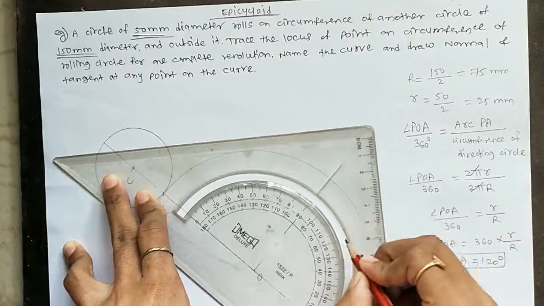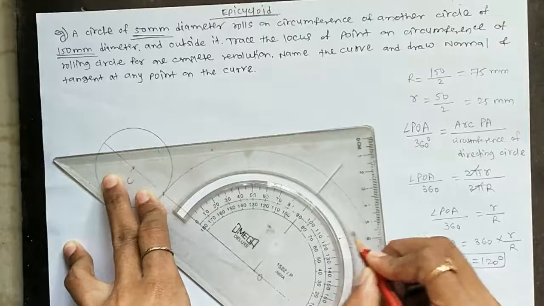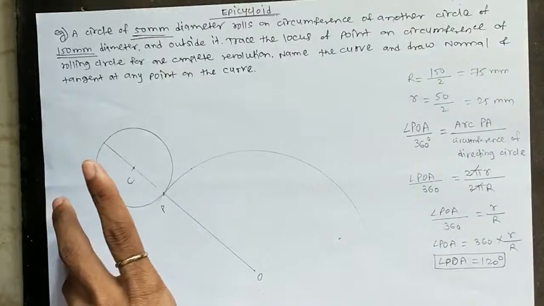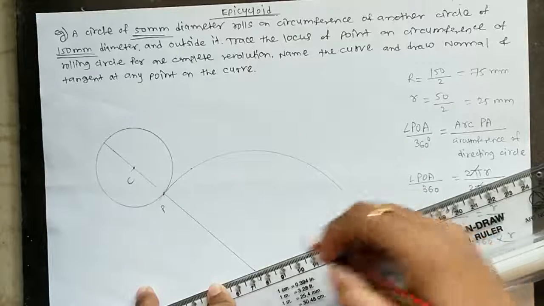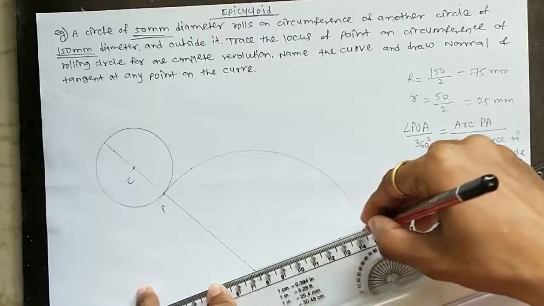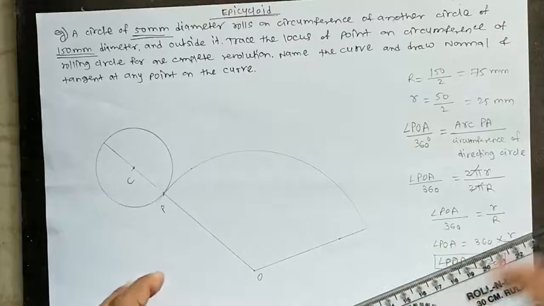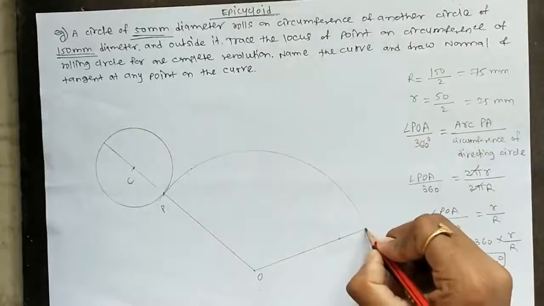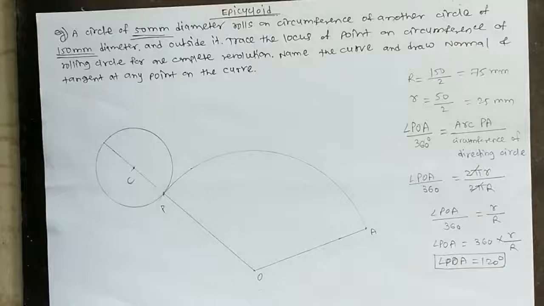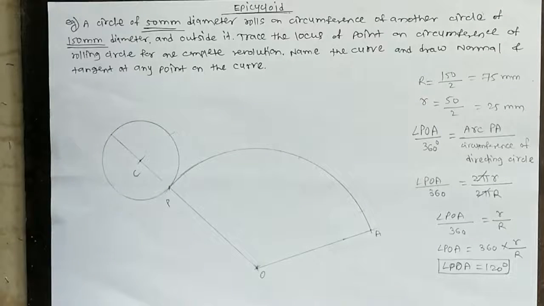So this is 120 degree angle. I will take this 120 degree angle and draw a line up to the arc. Next, this is point A. So angle POA of 120 degree we have drawn.